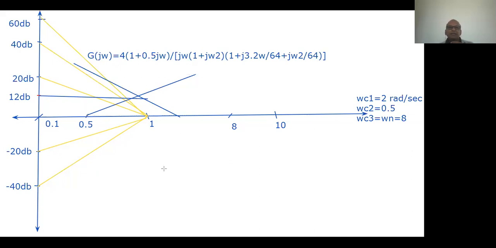If you go for the second corner frequency, mark it here as 2.